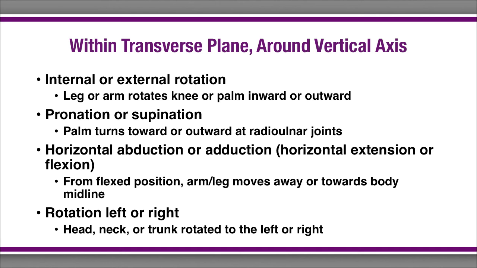Within the transverse plane and around the vertical axis, we have internal and external rotation of the leg or the arm, pronation or supination of the palm, horizontal abduction or adduction, and rotation left or right for the head, neck, or trunk.